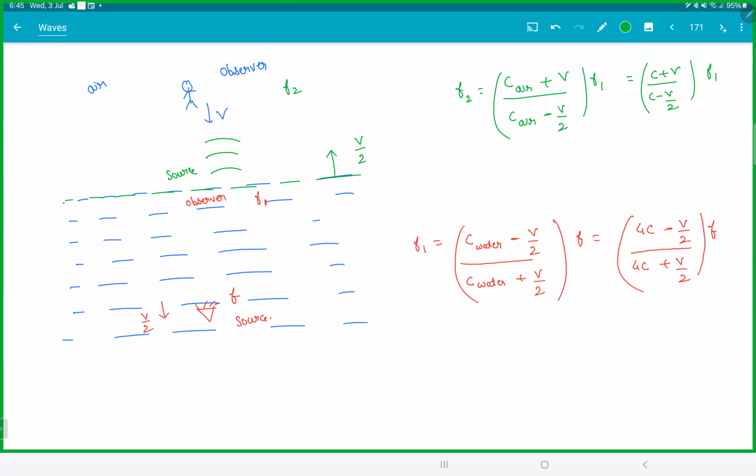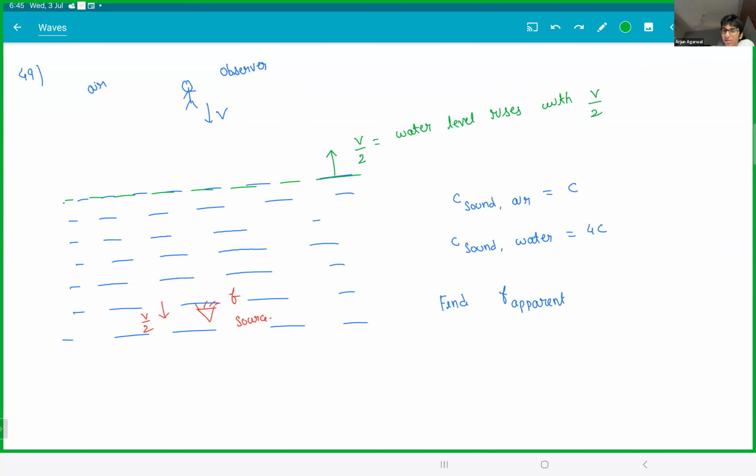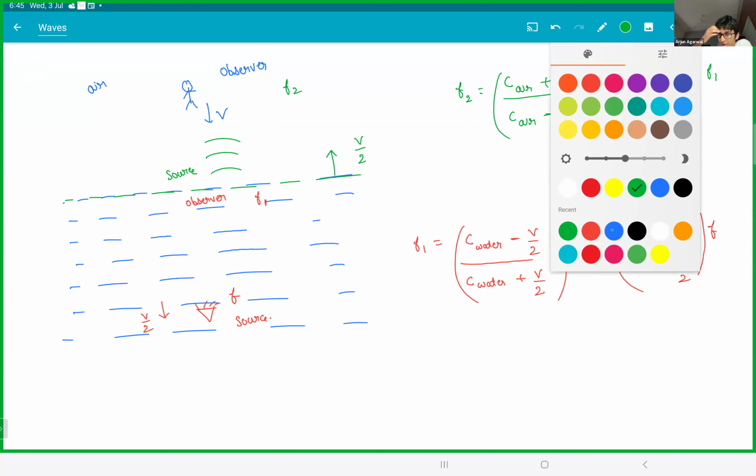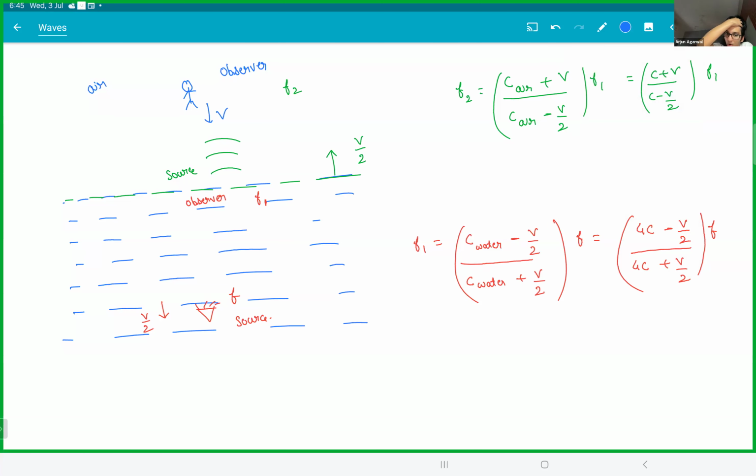Anusha? Arjun? Got this? So in this case, although you still have to solve in two parts, can you think of the water as wind only and apply the formula? Water is not wind. No, but it'll still work out if you use the normal formula only. No, try and see. See, here the water level is rising, meaning this part is increasing.